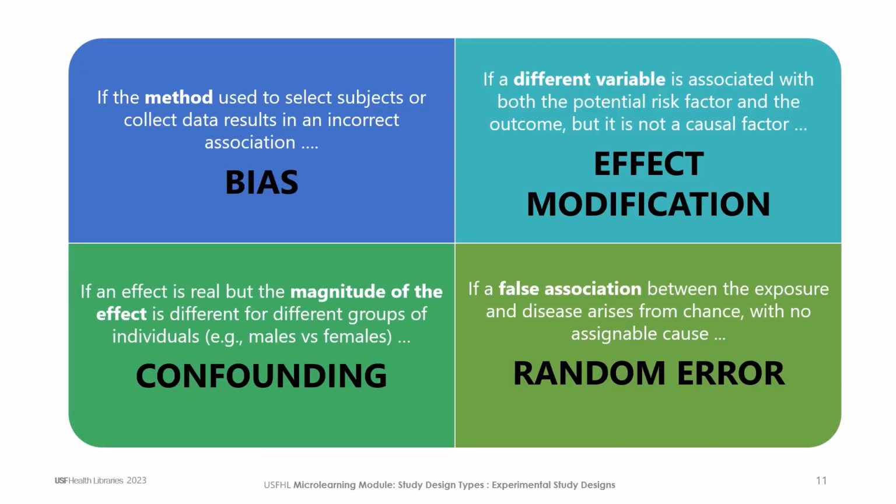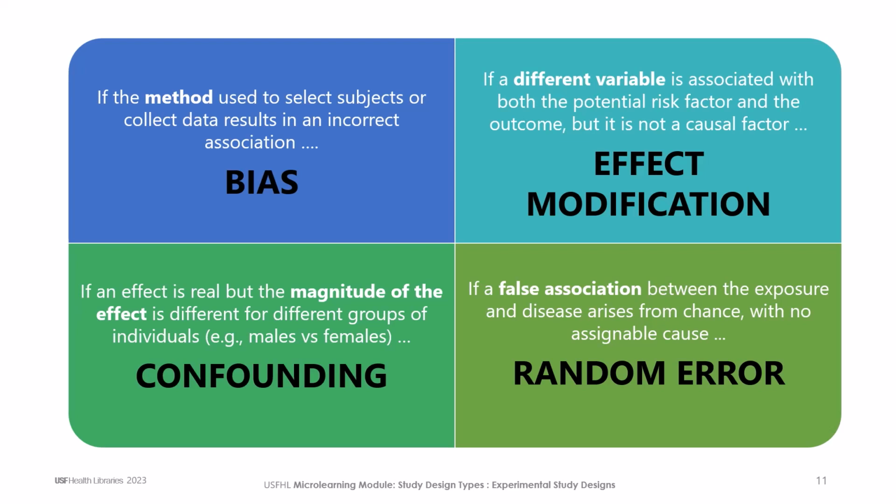While bias, confounding, effect modification, and random error are far more complicated than we want to cover in this presentation, consider these simple if questions. If the method used to select subjects or collect data results in an incorrect association, then you have bias.